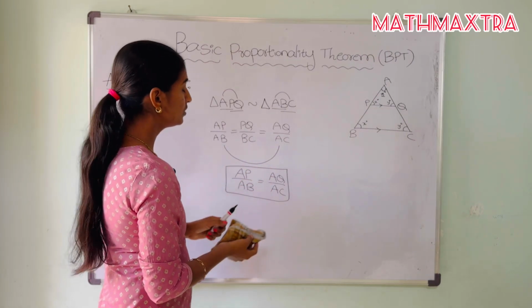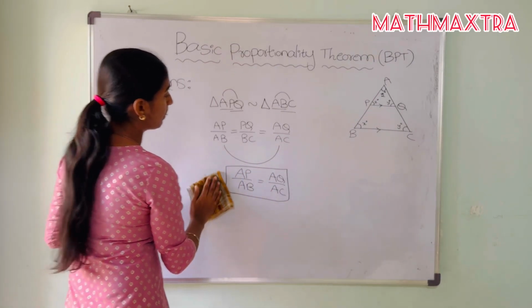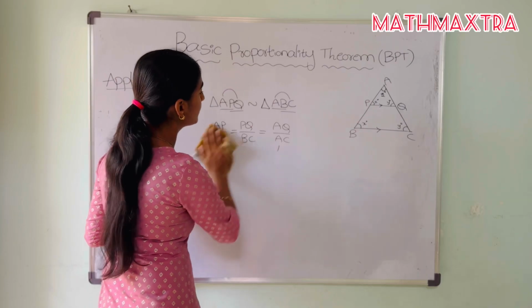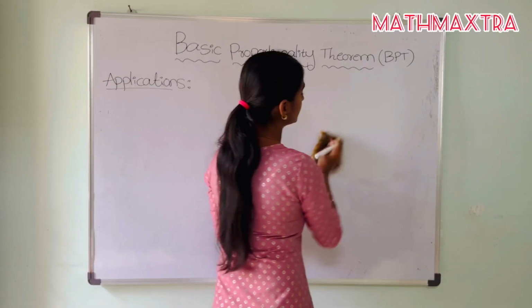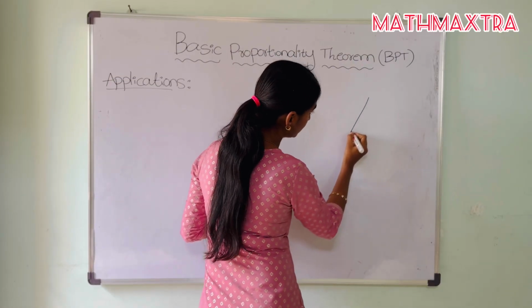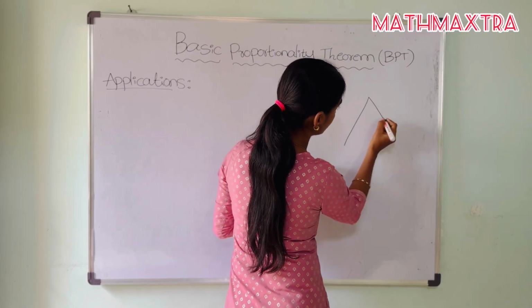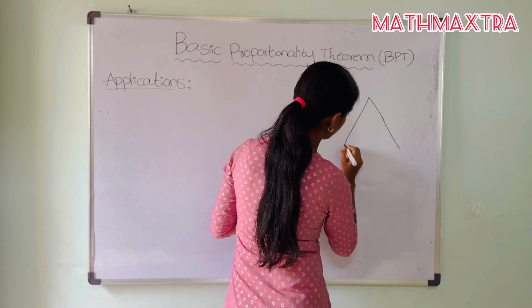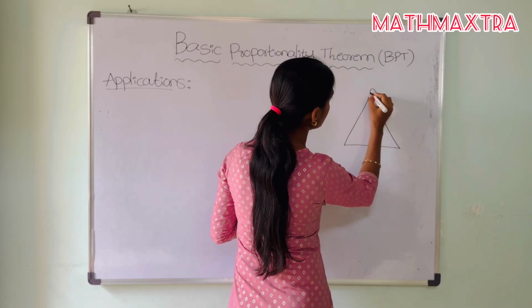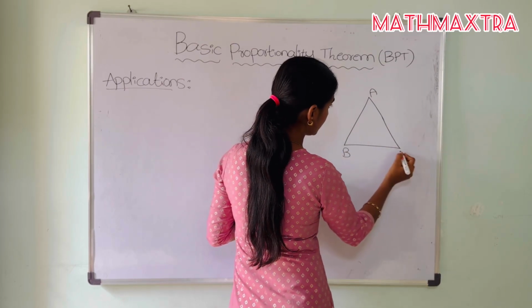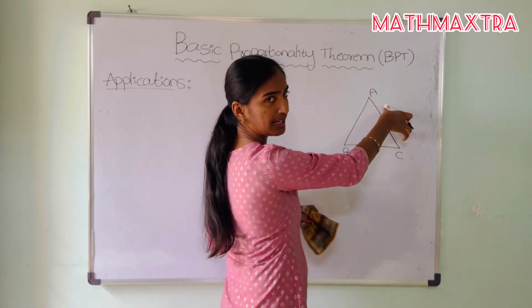Okay. Now we'll see what is the third result. So you take one triangle. This is ABC triangle. So this is AB side, AC side.